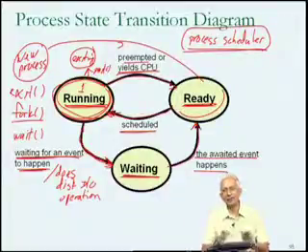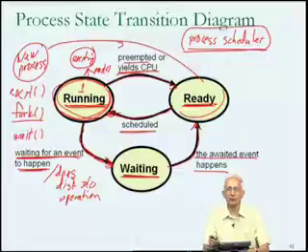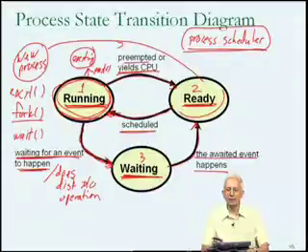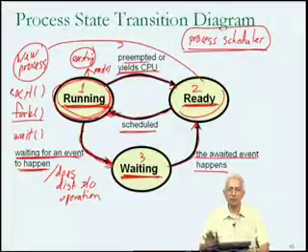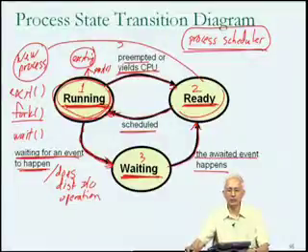Similarly, there could be other states in a more real world process state transition diagram, but this 3-state process state transition diagram that we have discussed gives us an adequate idea about what is happening behind the scenes in terms of a process being changed from waiting for something to happen to ready to be allowed to run on the CPU to actually being the one process that is running on the CPU with the sequence of events that we went through in this slide.